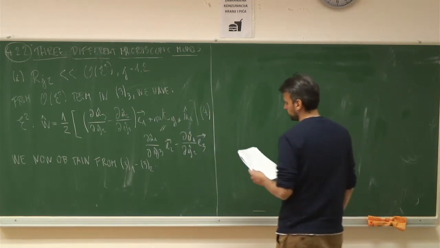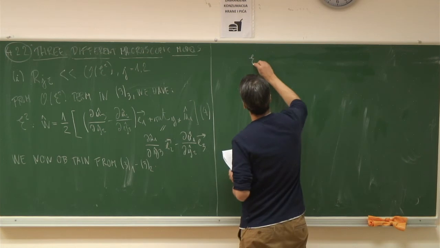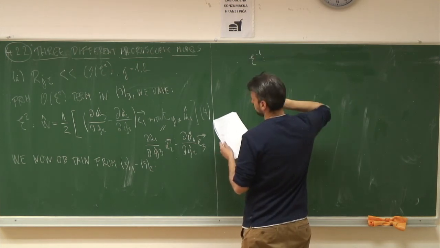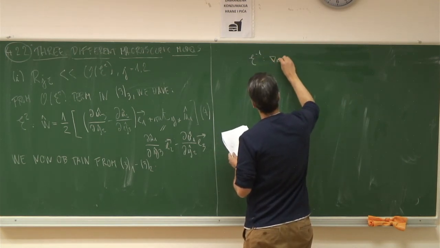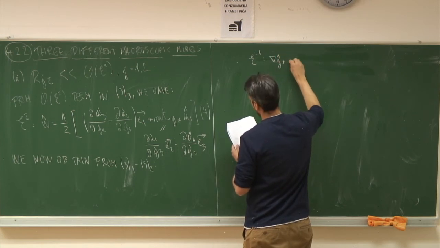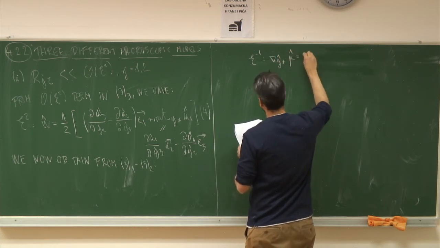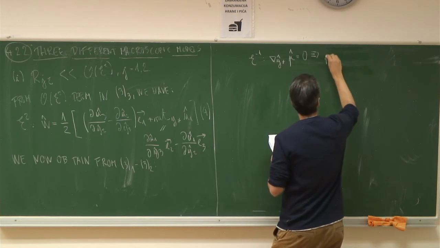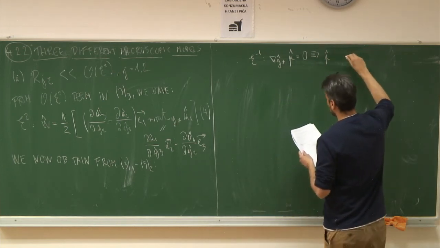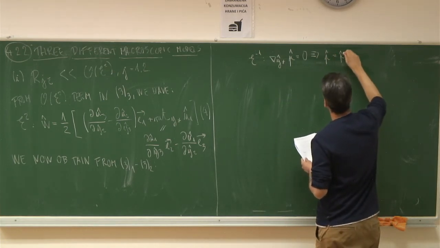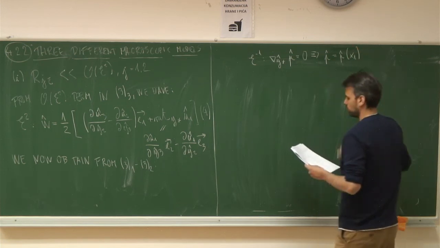You obtain the following simple system. So by epsilon to the minus first, you have the gradient of p kappa is 0, which means that p kappa is dependent just on x1, which is more or less expected.